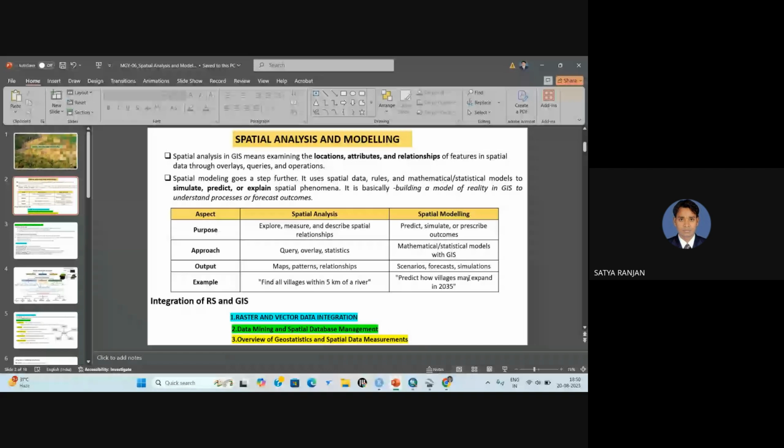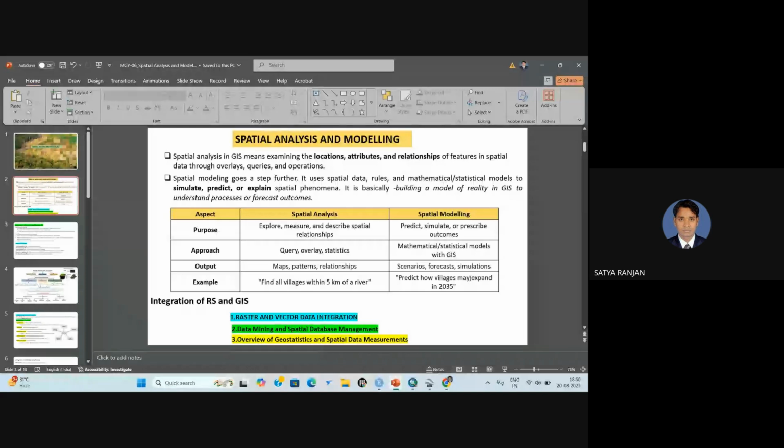Then what is spatial modeling? It goes a step further, using spatial data, rules, and mathematical or statistical models to simulate, predict, and explain spatial phenomena. It is basically building a model of reality in GIS to understand the process and forecast outcomes. In spatial modeling, a lot of modeling techniques are there.